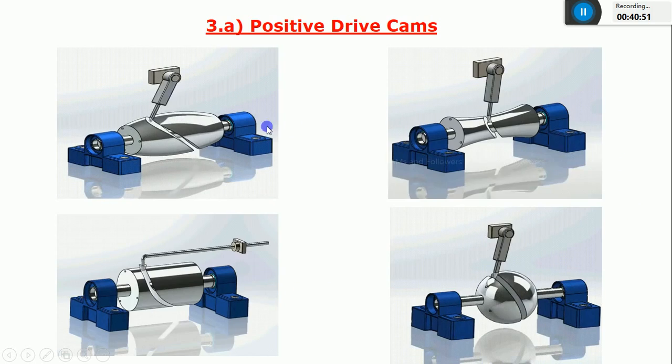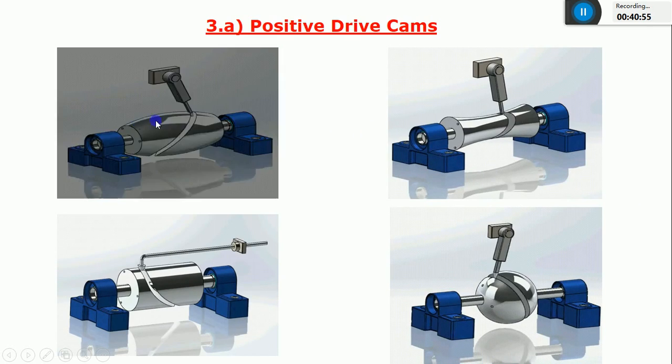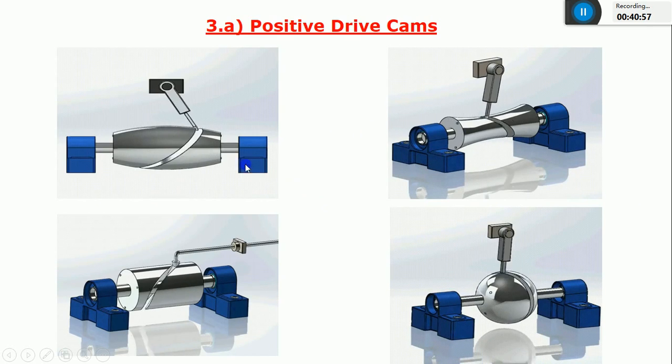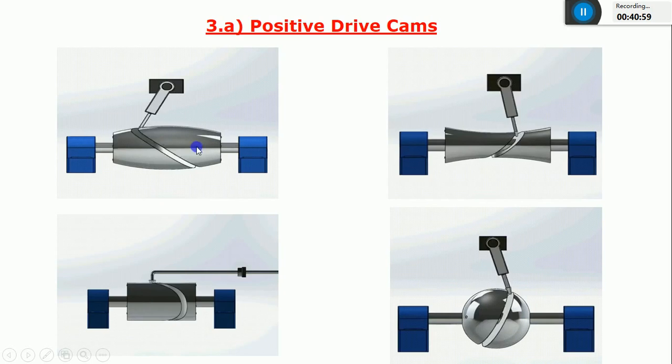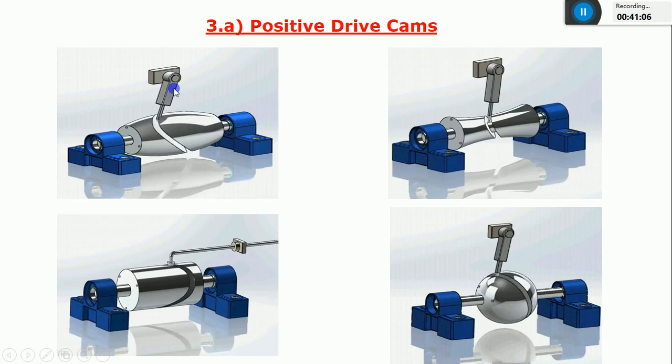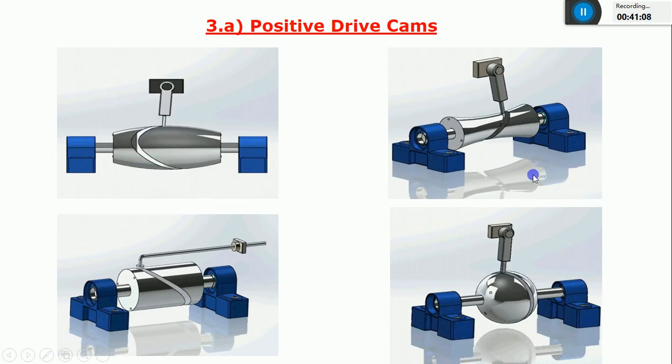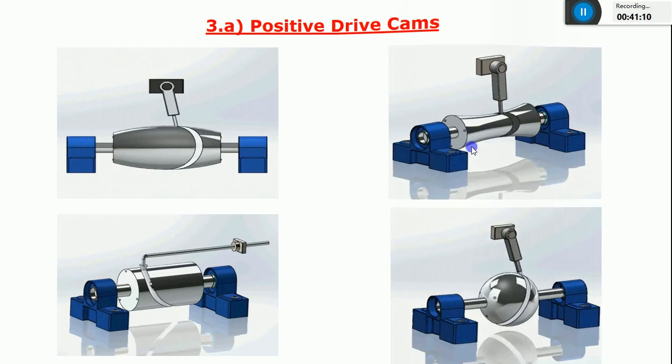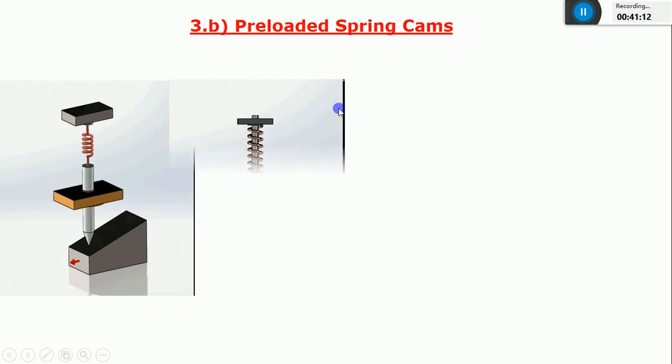In all these four types, there is no use of a spring force. Only with the help of the groove, which is provided on the circumference or the surface of these cams, proper contact between a follower and cam is maintained. Okay, these are nothing but positive drive cams. And the last one was the preloaded spring cams.